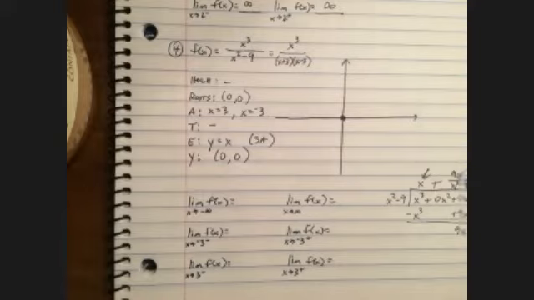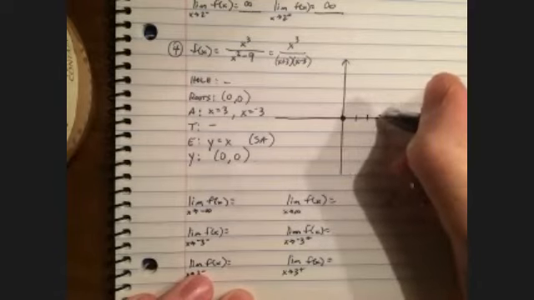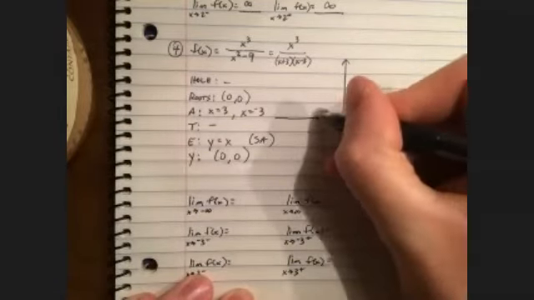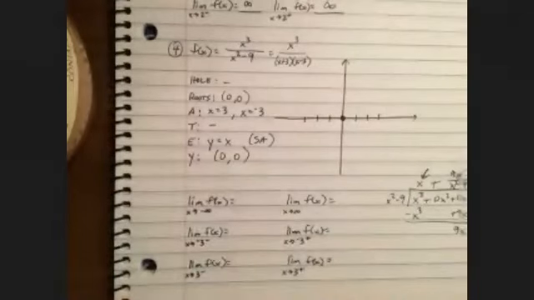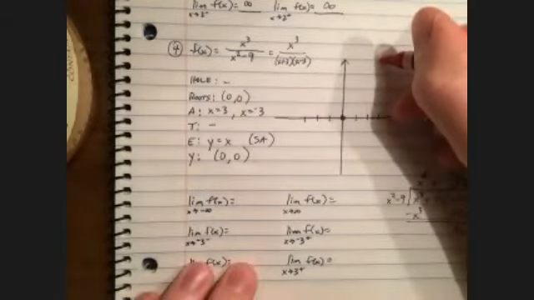All right, that's the only point that we have. Okay, then we also have our vertical asymptote, and that's at x equals 3. And -3.